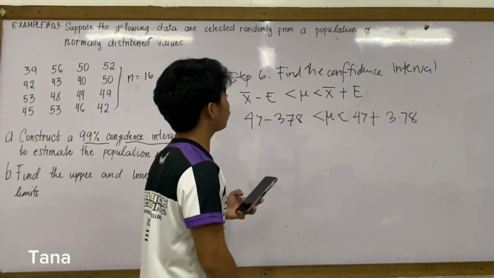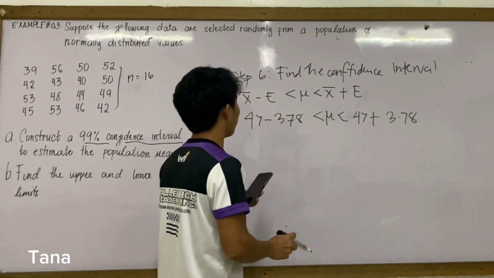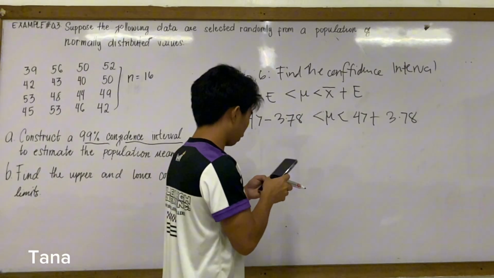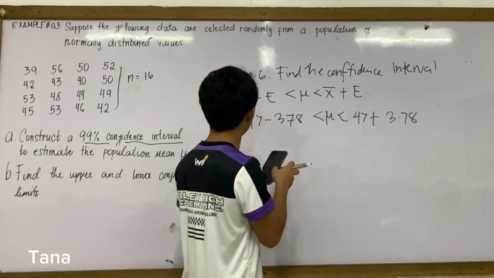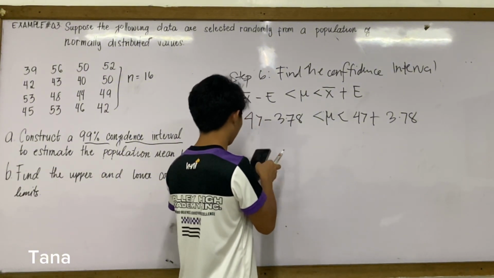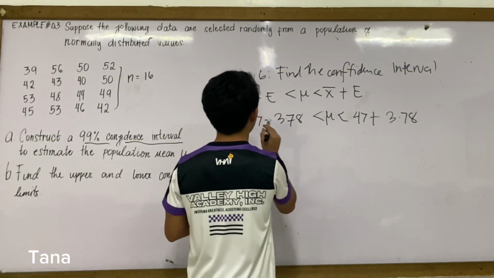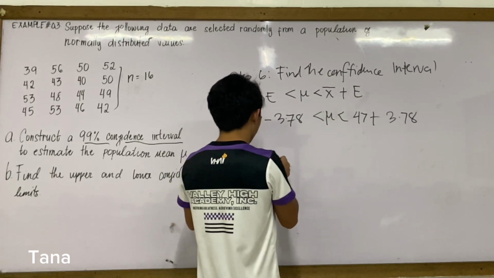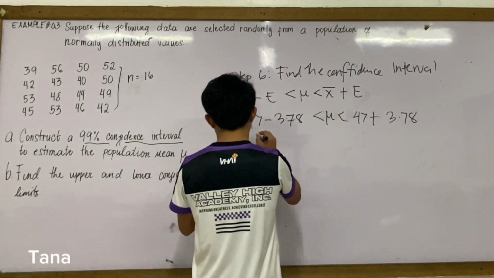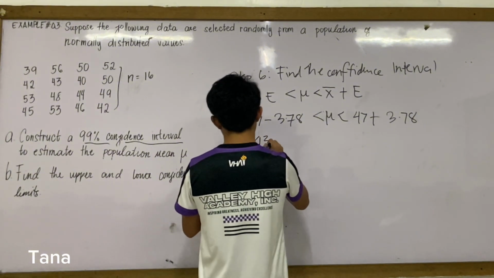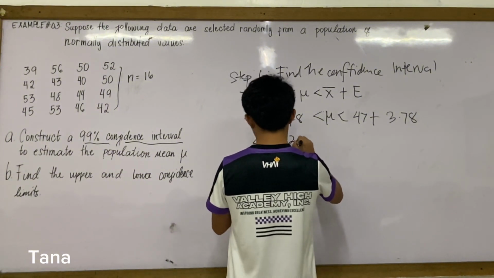To find the confidence interval, by using your calculator, 47 minus 3.78 is equal to 43.22.